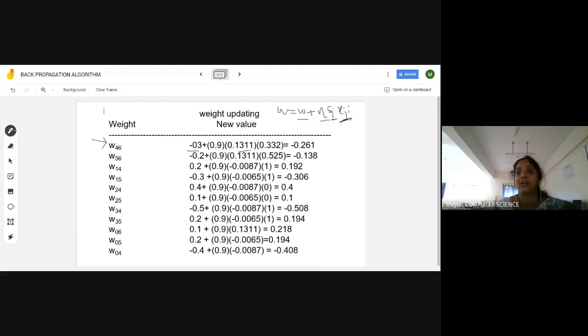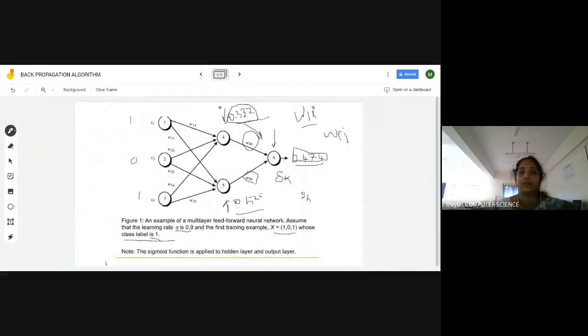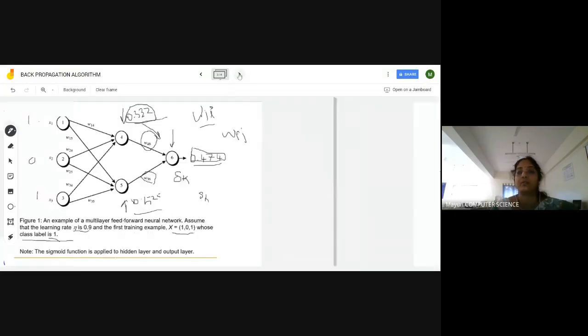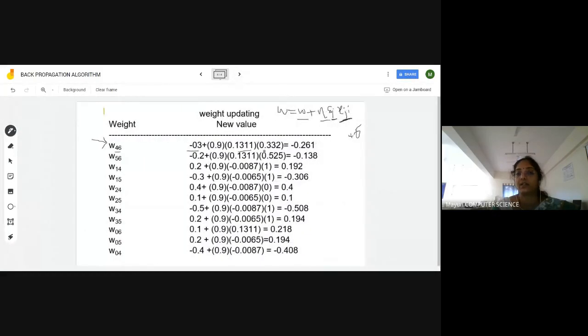It's nothing but the input, right? Input between whom? Input between 4 and 6. What is the input between 4 and 6? That's why I told you to write it here. Between 4 and 6, the input supplied is the output calculated at 4, that is 0.332. Write that down, so you will get this much. Earlier the weight was minus 0.3, right?